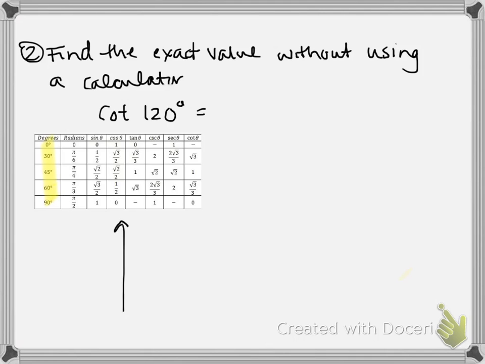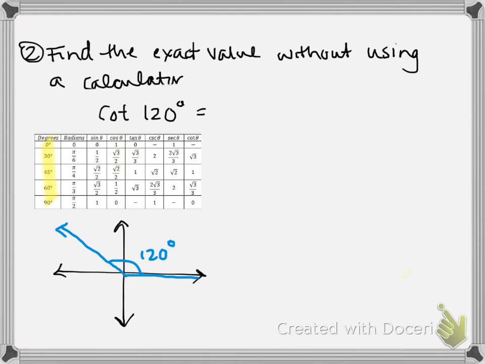The first thing I'm going to do is visualize where 120 degrees is in my coordinate plane. So when I draw it in standard position, here's my initial side, and there's my terminal side, and this angle here is 120 degrees.